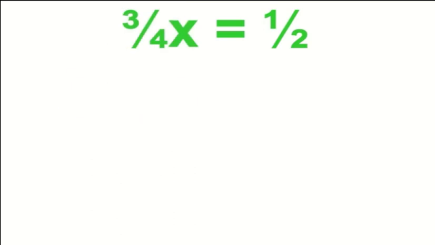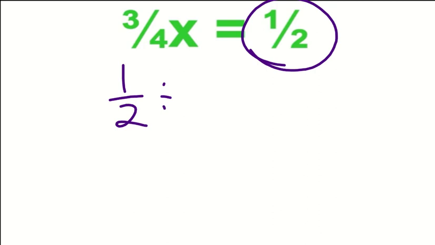Okay? When you do the division, what it's equal to, the solution on the other side, is what has to come first. Okay? So when you're trying to find what x equals, it's going to be 1/2 divided by 3/4. When we divide with a fraction, what do we do? Keep, change, flip. So we keep the 1/2.